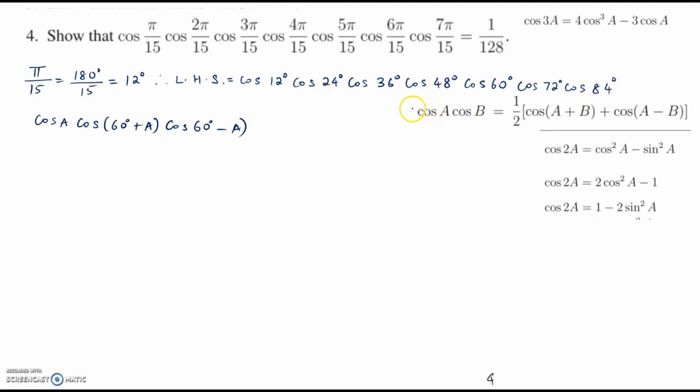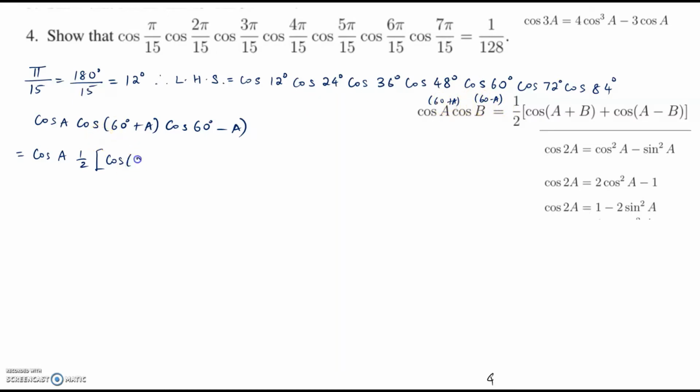So let's first apply cos A cos B with A as 60 plus A and B as 60 minus A. This will become cos A times 1 by 2 cos of A plus B, which is 60 plus A plus 60 minus A. So A and A will get cancelled, and you'll get 2 times 60 degrees.